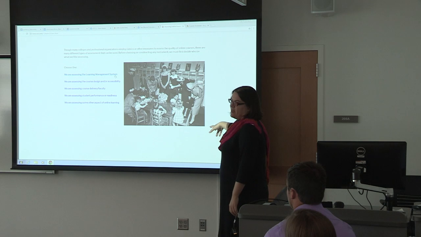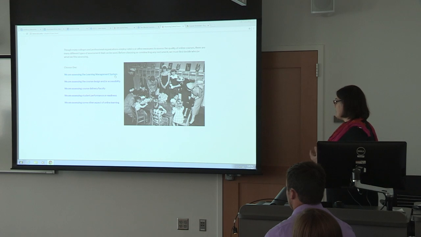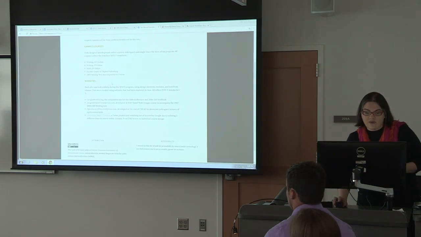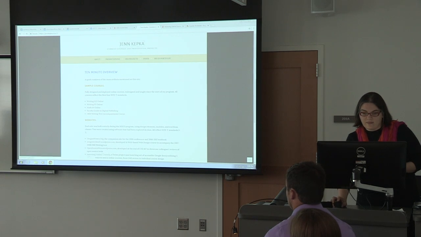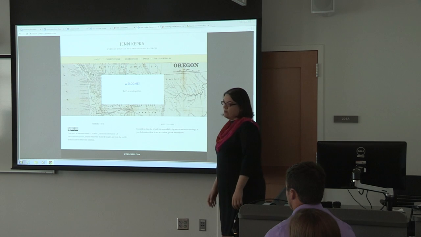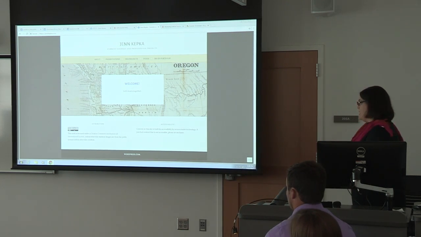These are all from the New York Public Library's public domain collection. So all the images you see are openly licensed. Everything can be reshared, reused. That's true of this whole website. This map up at the top is a public domain map of Oregon, back when they thought the world was flat, I think.